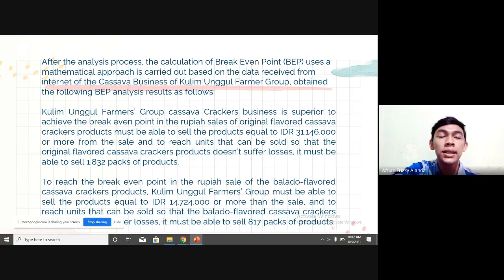And then to reach the break-even point in the rupiah sale of the balado flavored cassava crackers products, Kulim Unggul Farmers Group must be able to sell products equal to 14 million 724,000 rupiah or more from the sale, and to reach units that can be sold so that the balado flavored cassava crackers products don't suffer losses, it must be able to sell 817 packs of products.